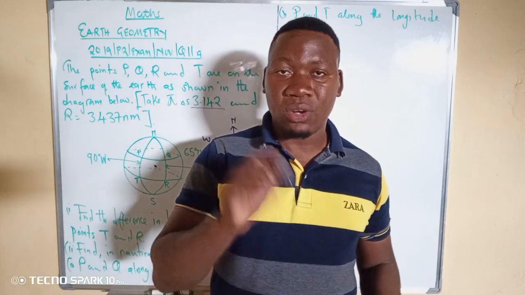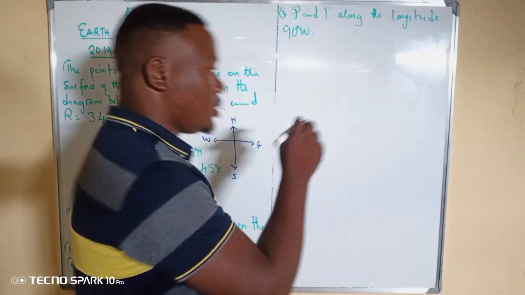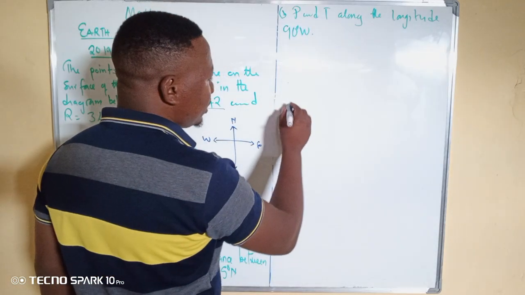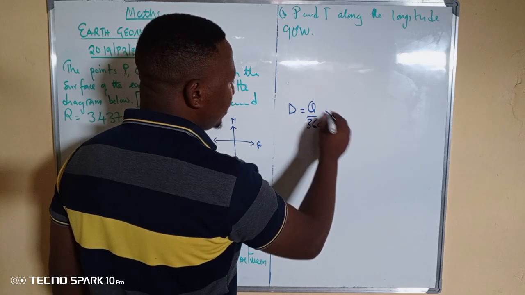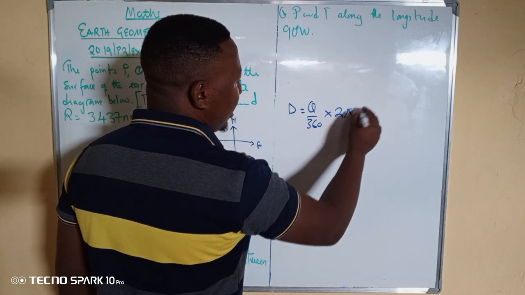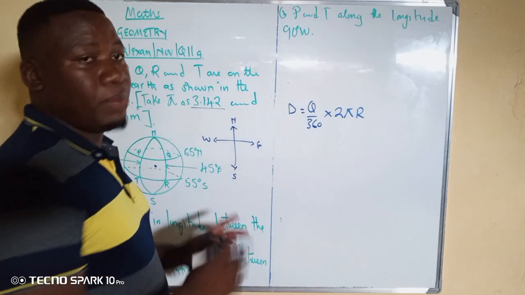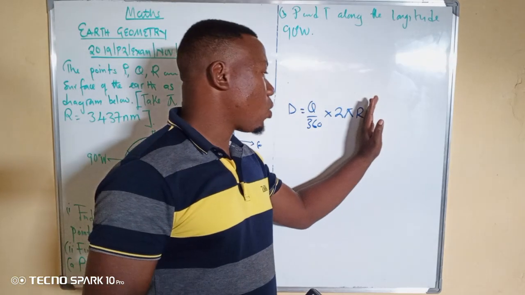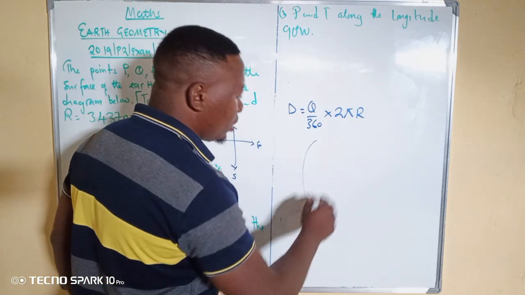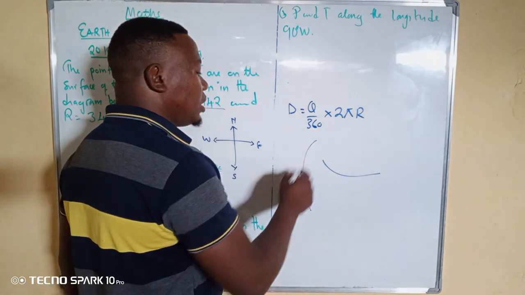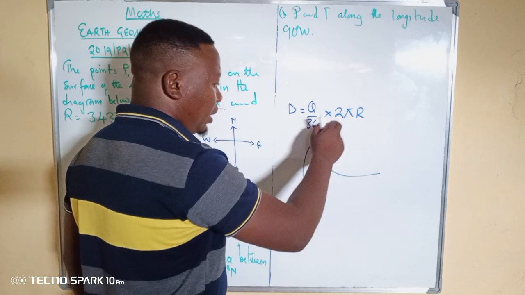But when you're finding along the lines of longitude, this is the formula: distance equals theta over 360 times 2 pi r. We're not putting cos theta, because we are finding it along the longitude and not the latitude.